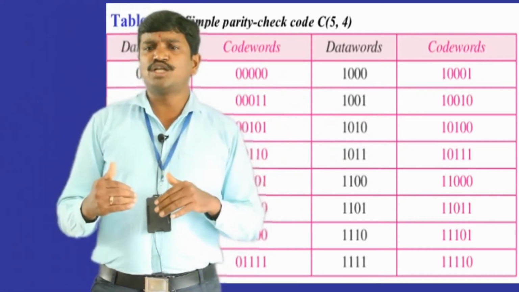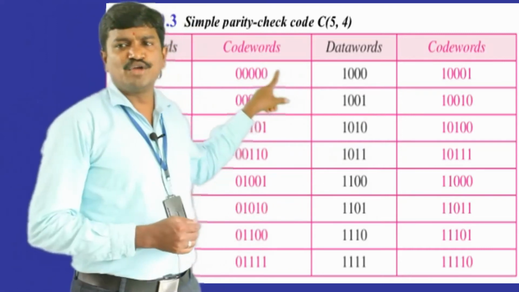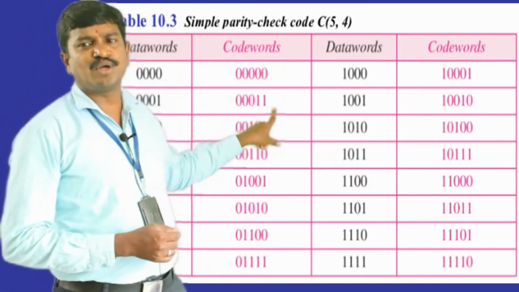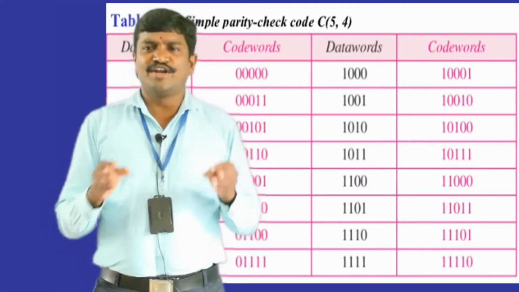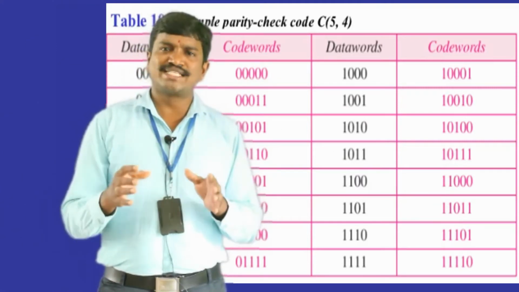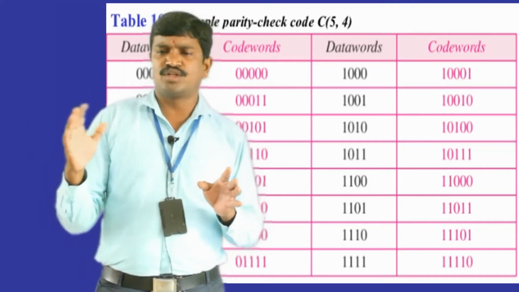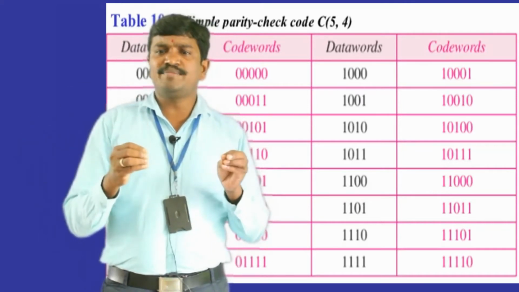It may be the same also sometimes. Whenever you do XOR of this one and the second one, the result is this one only. So it need not be that when you XOR two valid code words, it must result in another; not like that. It must result in a valid code word.